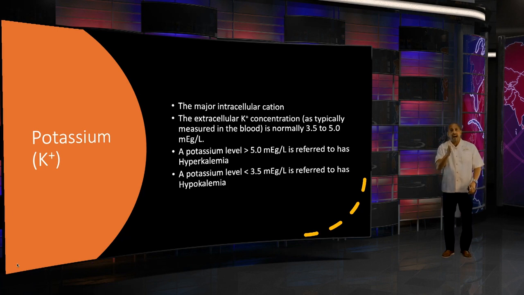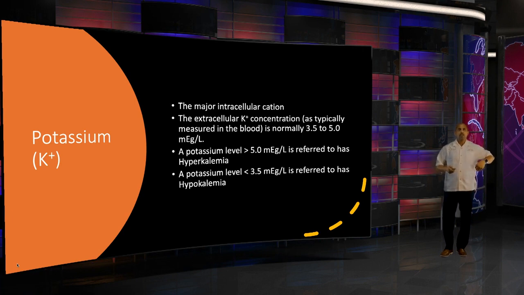So 3.5 to 5 milliequivalents per liter is what I should see inside the extracellular space. So when you draw blood, if I have a blood value of anywhere from 3.5 to 5, that's good. That's how much potassium should be outside the cell. Because why is it so low? Because potassium is where it needs to be, inside the cell.